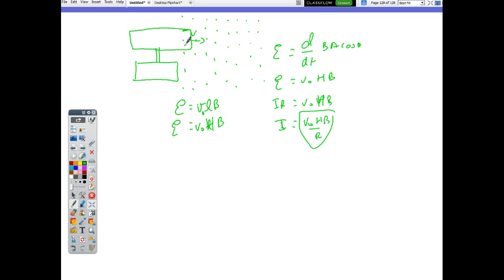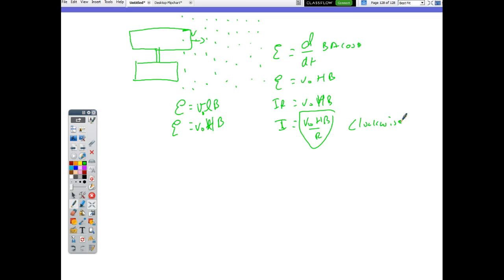If the current's going upwards, I curl my fingers, that would come out of the board and make it stronger. That's not what I want. So I'm going to turn it over and make it go down. So the current would be this way, which would be clockwise. Agreed?